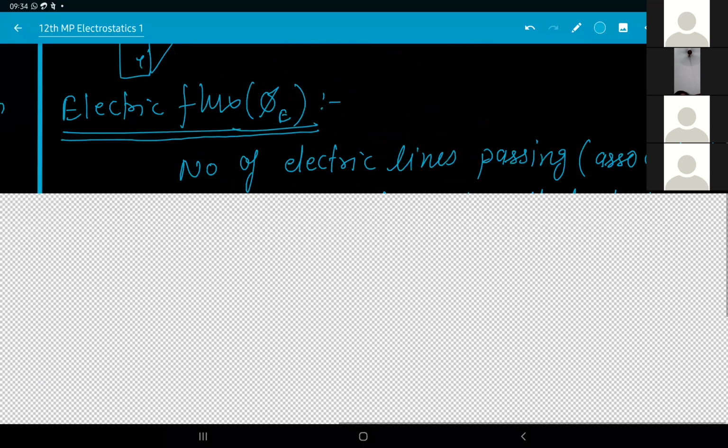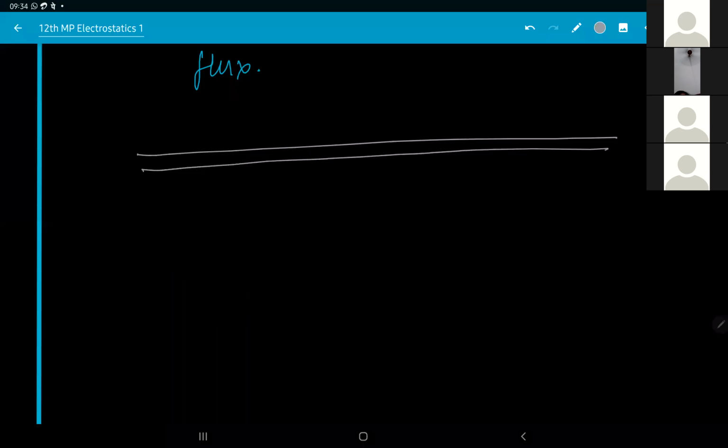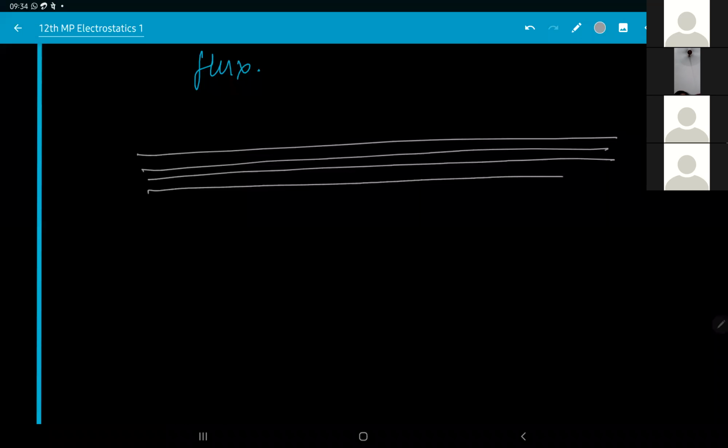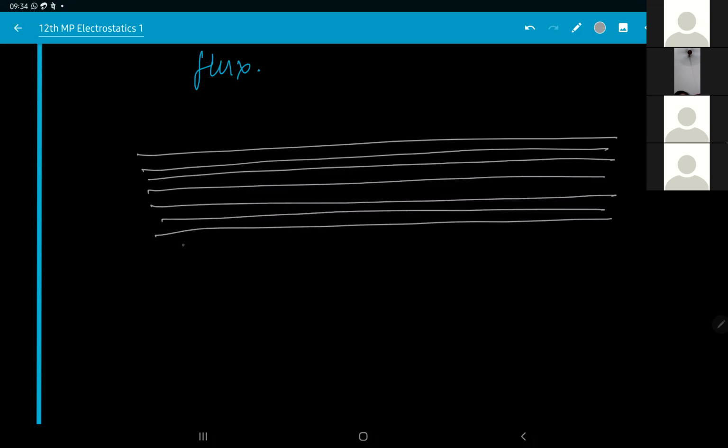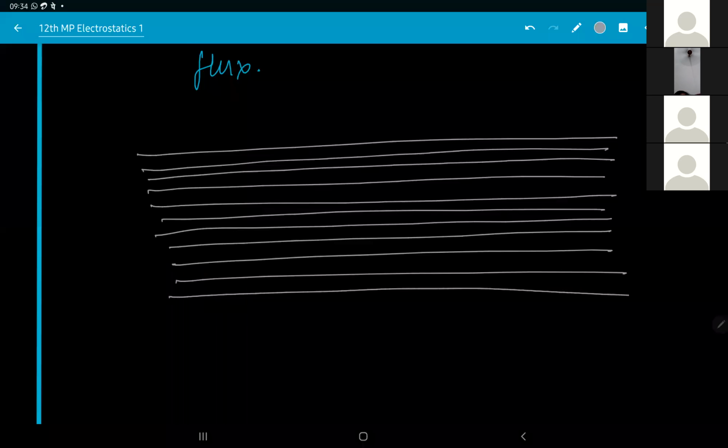No, I must draw another. See, suppose it is the electric field, regular electric field, positive and negative. Electric field lines always move from positive to negative.